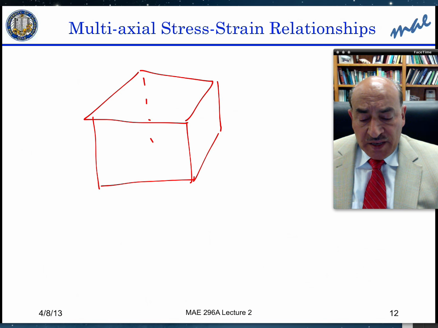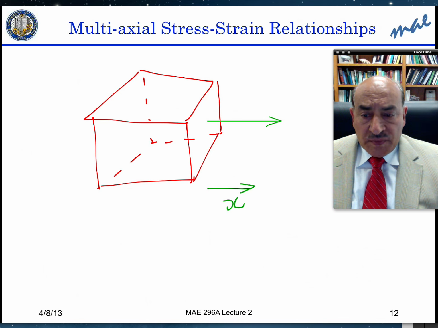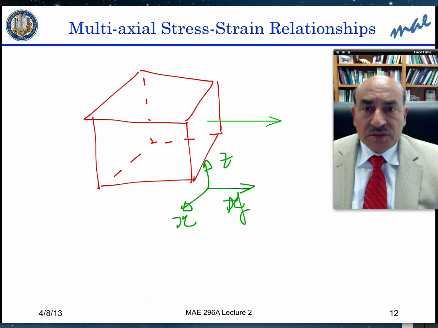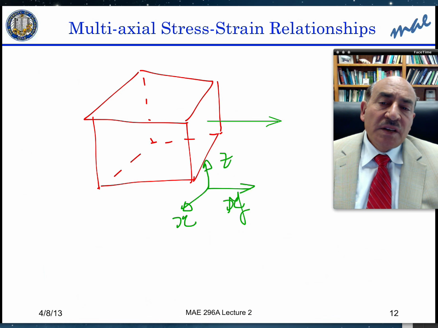For example, if I cut a cube inside the material, and on this cube I have a force. Let me make this consistent: I'll make this x, this y, and this z, so I have the right-hand rule.